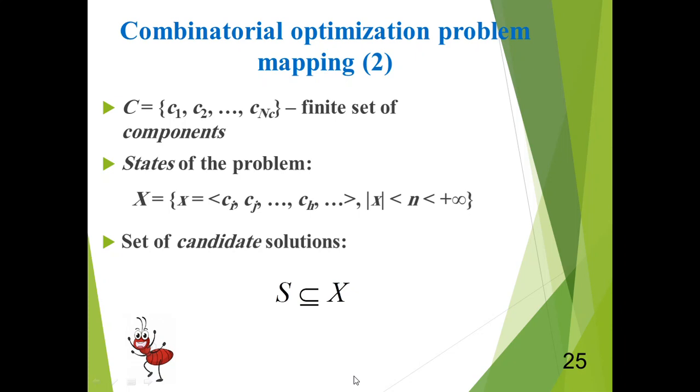The state of the problem is x, equal to sequences of components ci, cj, etc., with x in X, the set of candidate solutions.